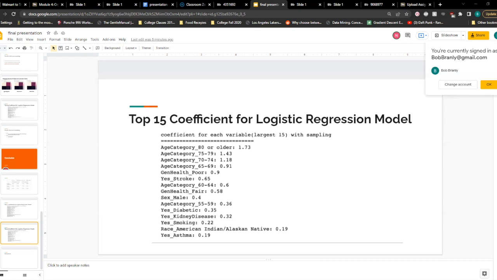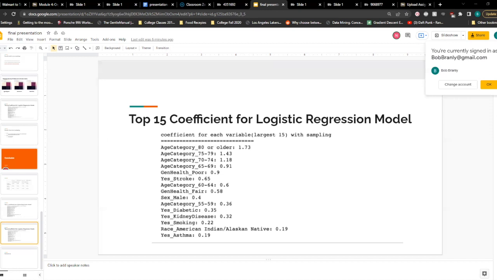Moving on, we see the results of our logistic regression models for the cases without oversampling. Looking at just the top 5 categories of these top 15 coefficients, we see the age category taking first, second, and third, with fourth place given to general health, and then the age category rounding out the 5th and 6th in terms of importance.